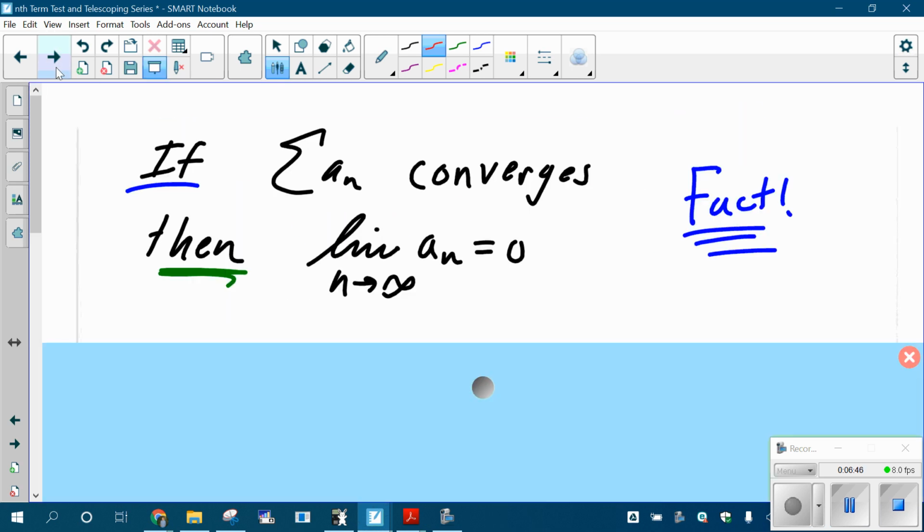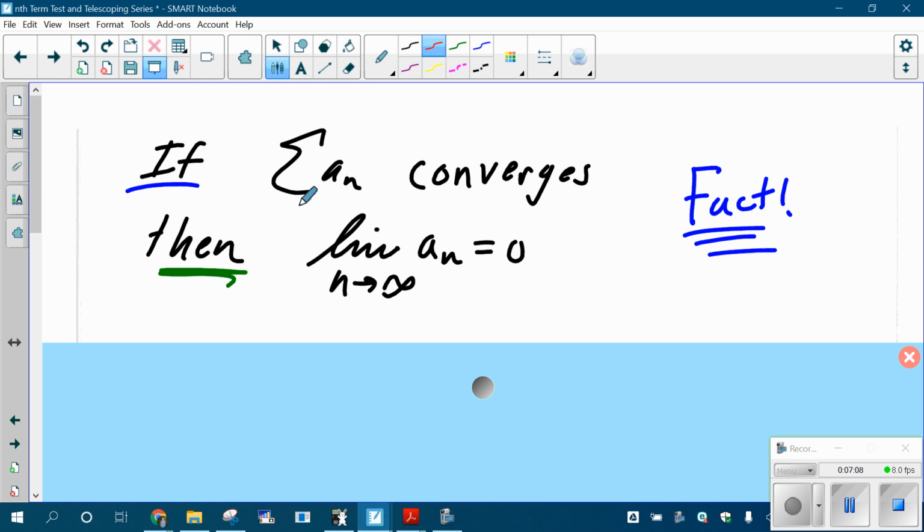Okay. So write this down. If you have a series that converges, obviously the associated sequence, those terms have to be approaching 0. I'll say that again.